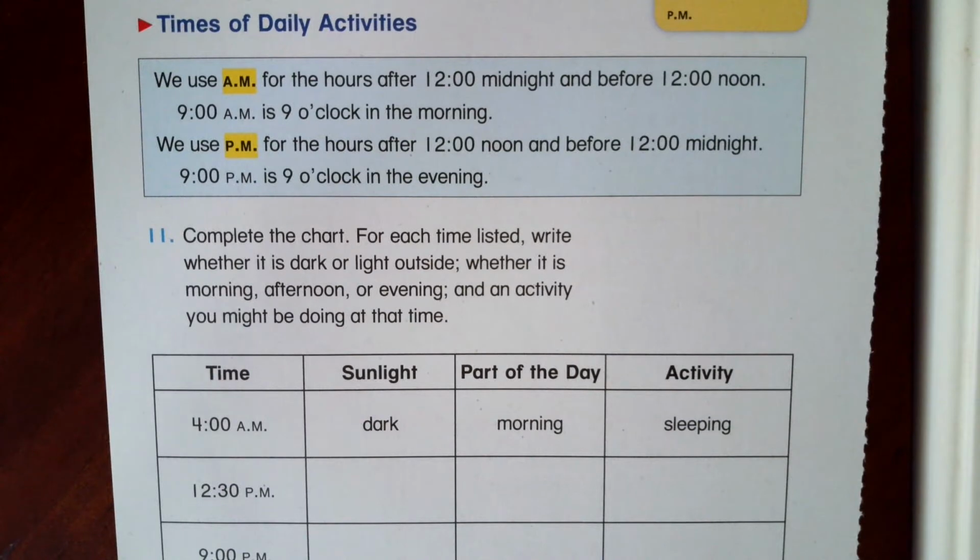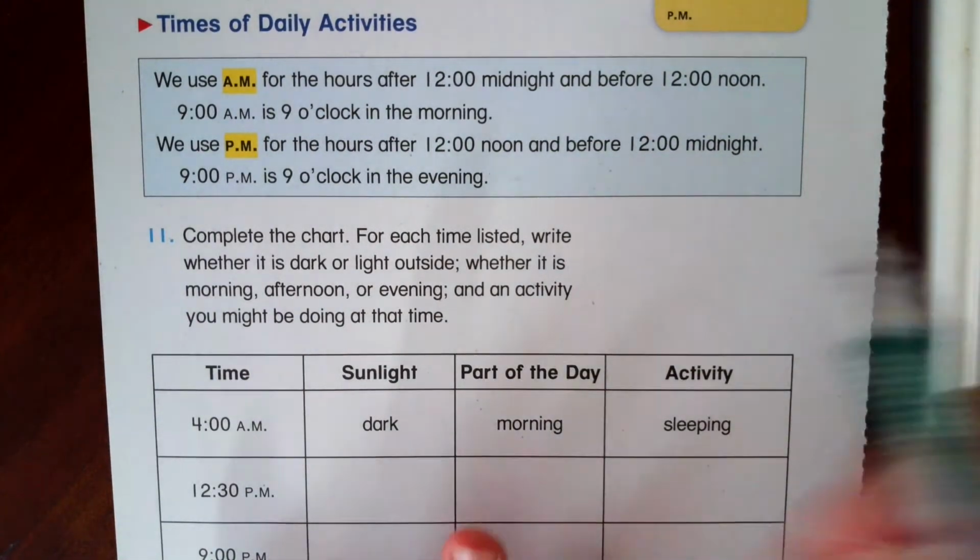But you might say, oh, I woke up in the middle of the night. So it's kind of confusing, because really you're waking up in the early morning. Let's see what it has to say.